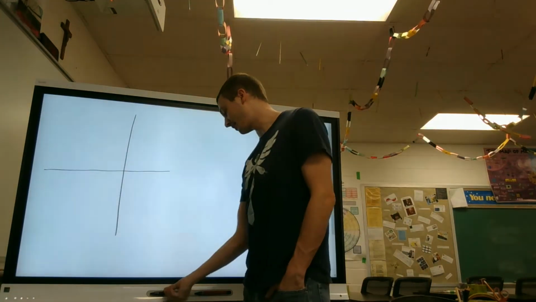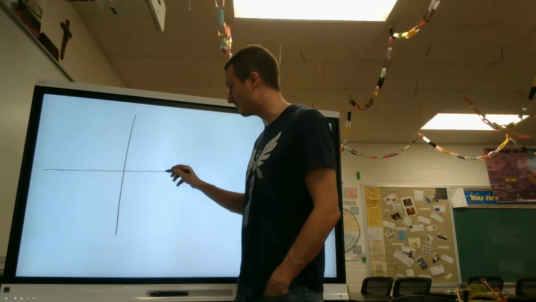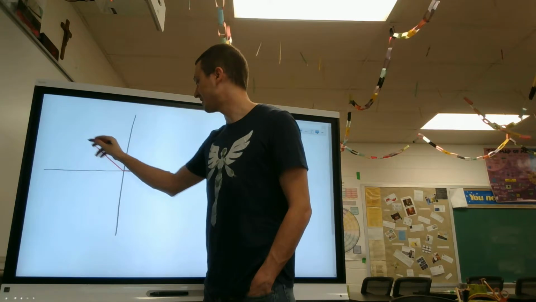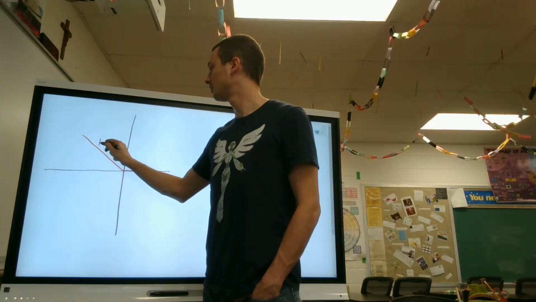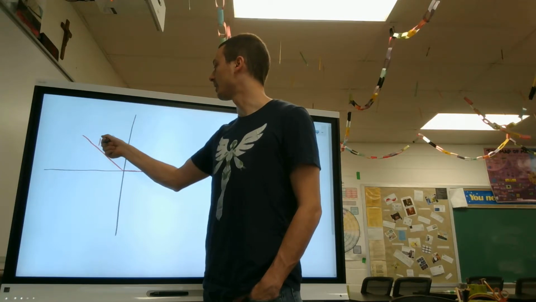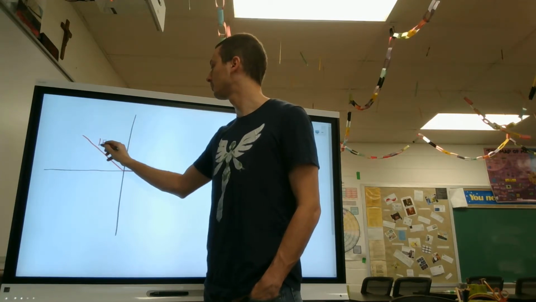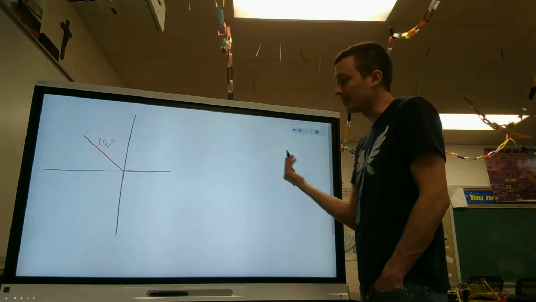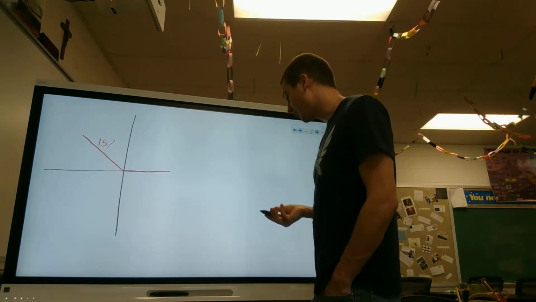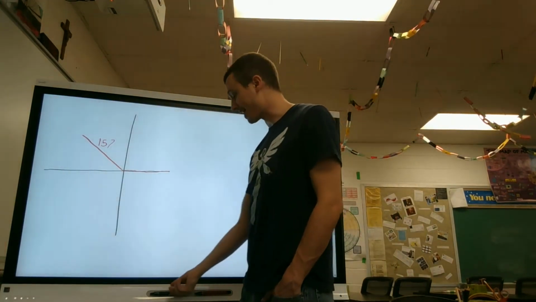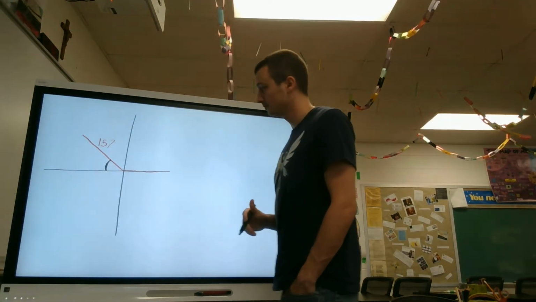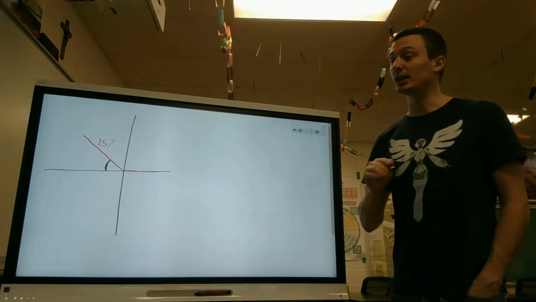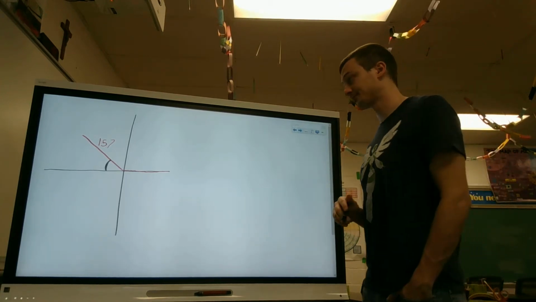So the easiest way to show you this is if I have this angle and maybe that's like 157. I don't know. Whatever. The reference angle is going to be this angle right here. A reference angle will always be acute and it will always be positive.